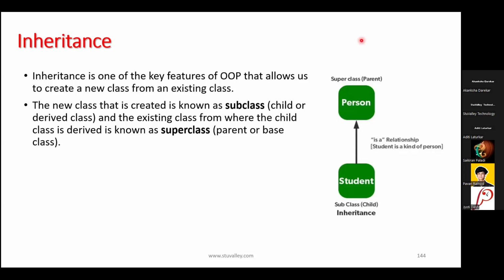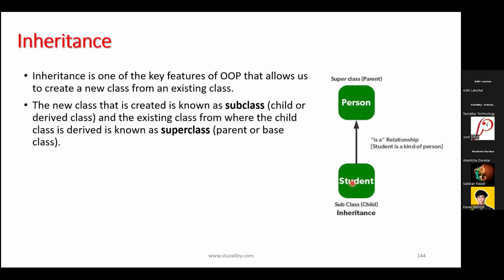Okay? So this is one example where the person class, suppose that person class is a parent or super class. ठीक है? And the is-a relationship we always use here. Inheritance is also known as is-a relationship because student is a child class which is acquiring the properties of the person class, which is extended from the person class.